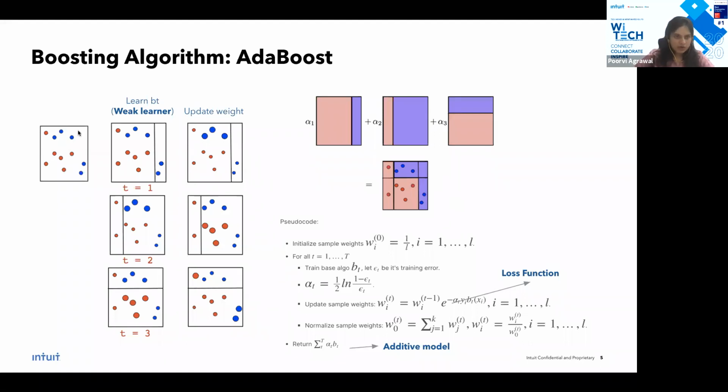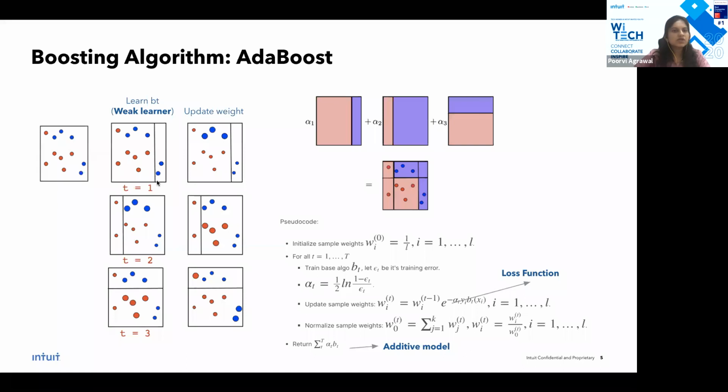Now, if you look at the first box here, you have five blue examples and six red dots. Let's suppose your blue examples are the negative examples, and the red dots are the positive examples. What AdaBoost will try to do is fit a weak learner on your entire data.